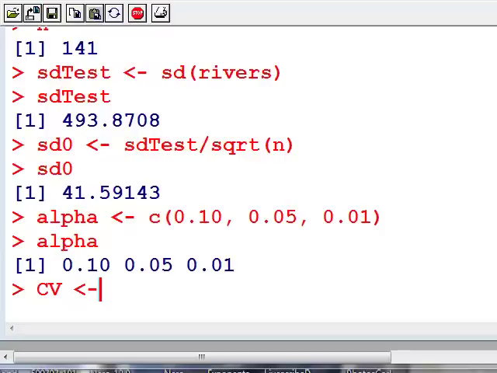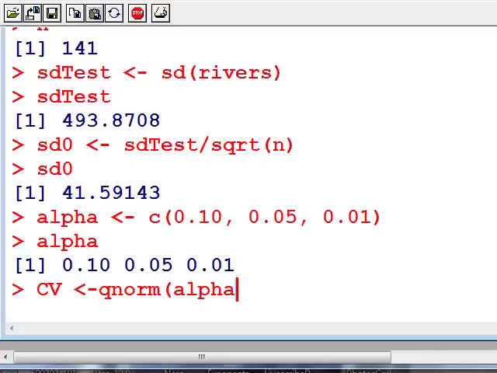is the alphas give me the area. I need the value right at that edge of the area, so I use qnorm, and when I give it the alpha, it takes all of them at once. Right? This is not normalized. This is going to be a curve that doesn't have the mean at 0 and doesn't have a standard deviation at 1.